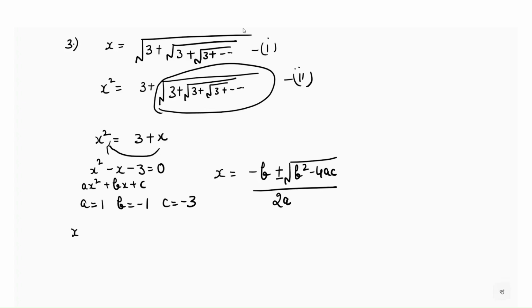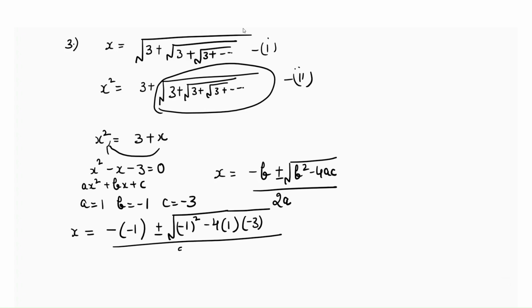So I'll put it in the formula: x is equal to negative of negative 1 plus minus square root of negative 1 squared, which is b squared, minus 4. In place of a, I'll write the value of a, in place of c, I will write the value of c, divided by 2 into 1. Negative into negative is 1, plus minus square root of 1, then plus, negative into negative is positive, so 4 into 3 is 12, over 2.